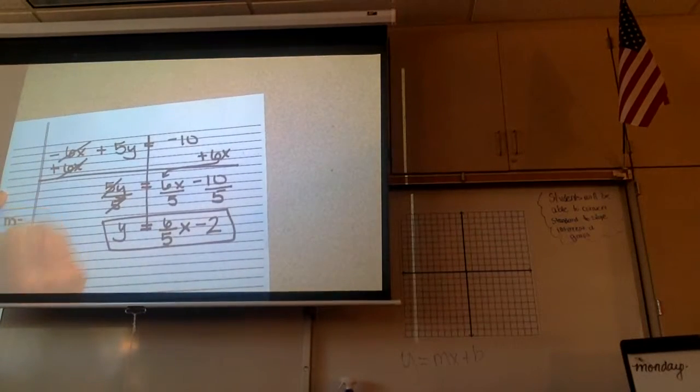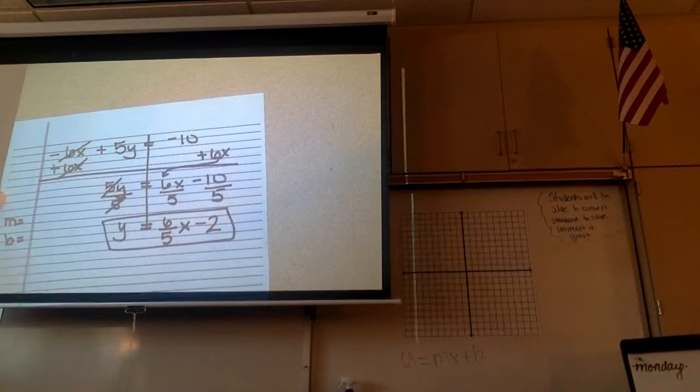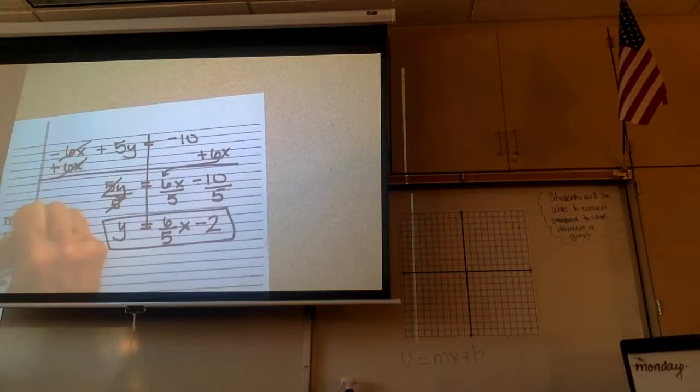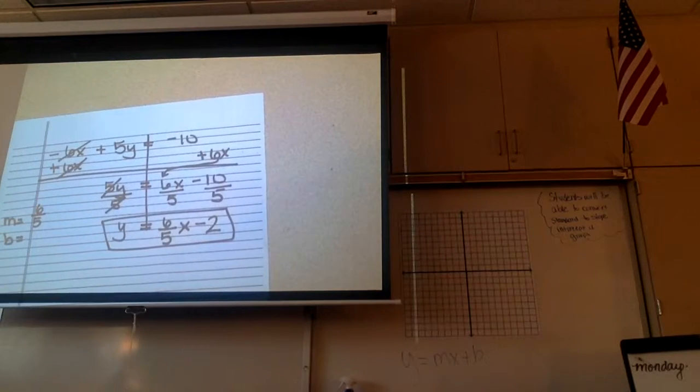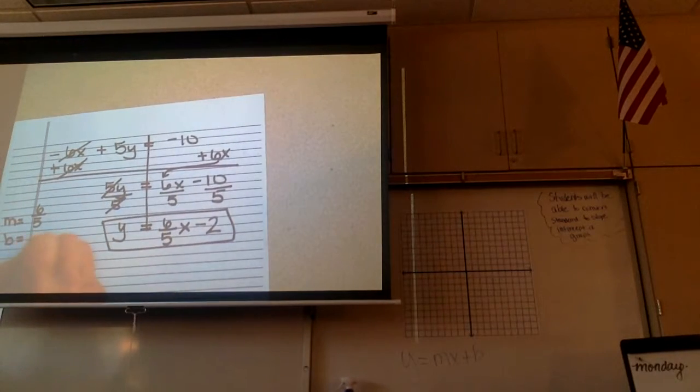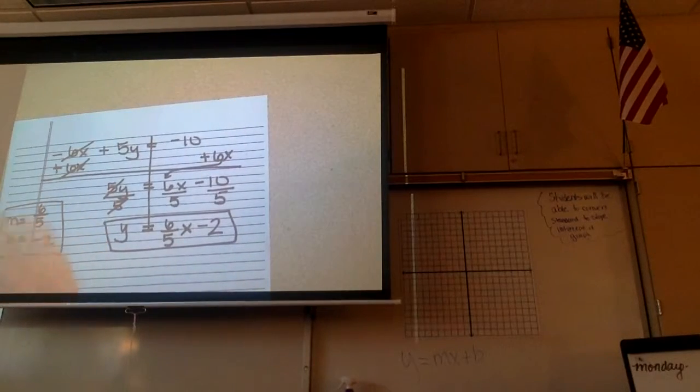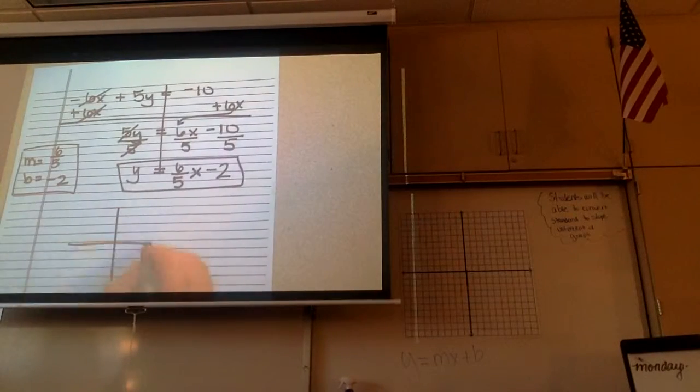Okay. Now I've got y equals mx plus b. Hey, we know this guy. What is our slope? What is our m? M is 6 over 5. Yes, 6 over 5. Those are our moves. What is our b? Negative 2. Do I know what this graph looks like now? Yes. It's going to go at negative 2.